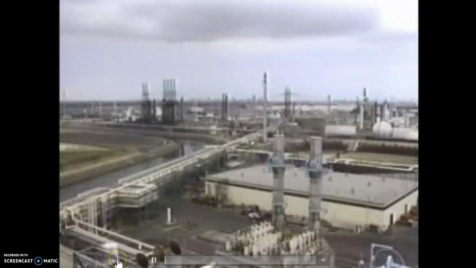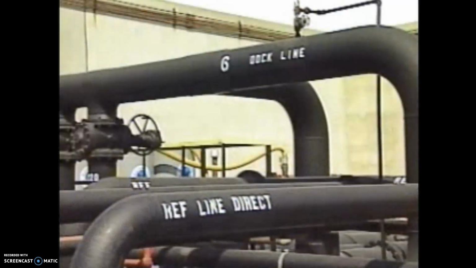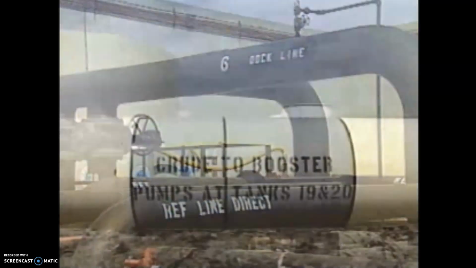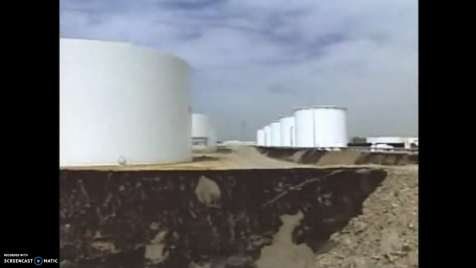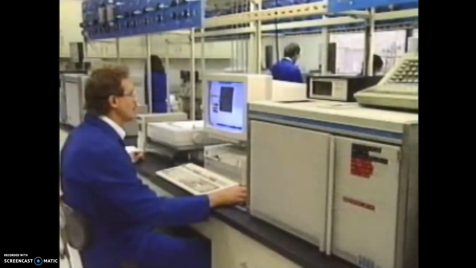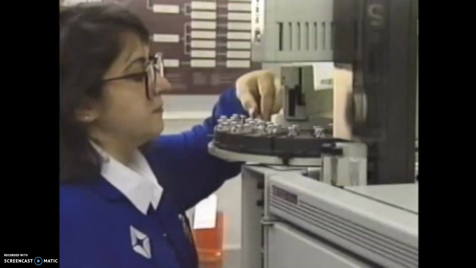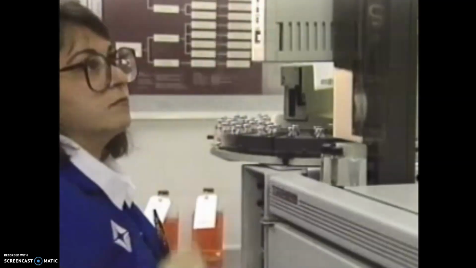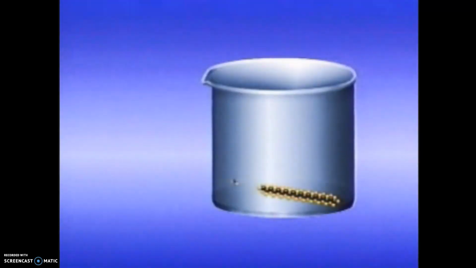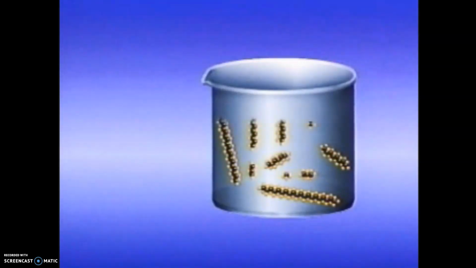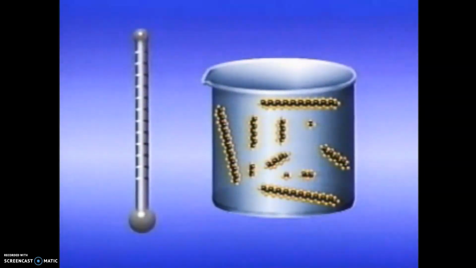The first step in optimizing the refining process is determining the composition of the crude. The analysis identifies undesirable trace metals and minerals, like sulfur, which are detrimental to equipment. The terms sour and sweet are used to describe crude with either high or low sulfur content. Since the various hydrocarbon chains found in crude oil have different boiling points, distillation can be used to separate them into groups called fractions.